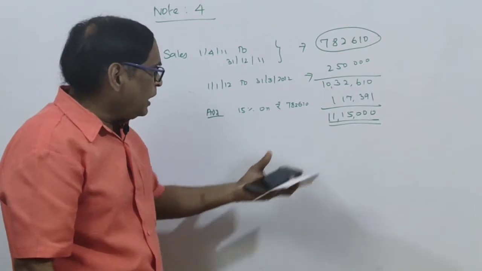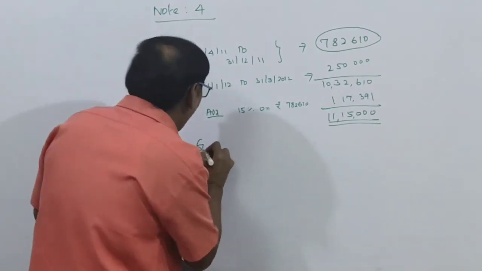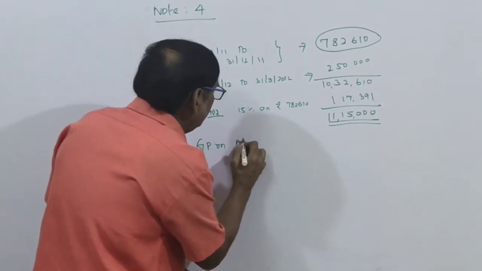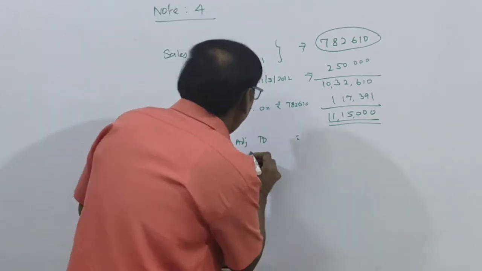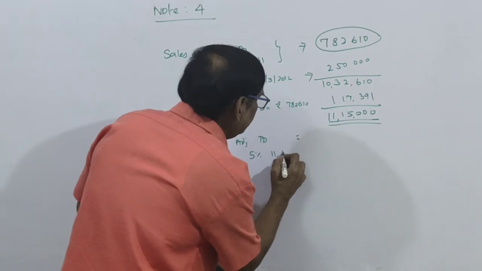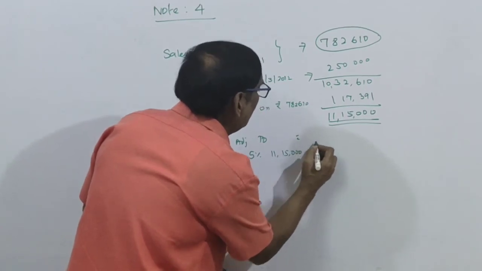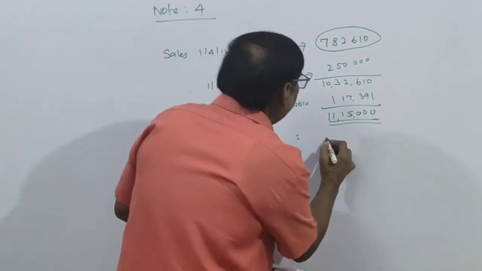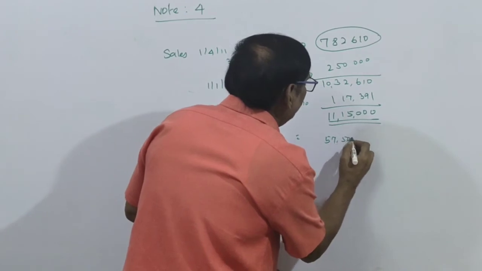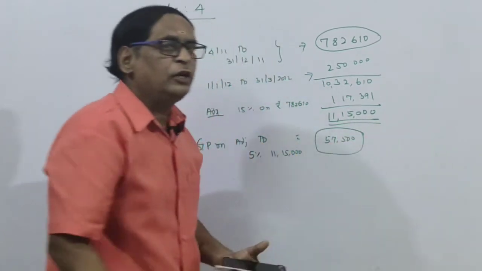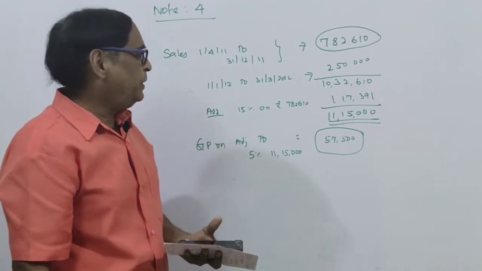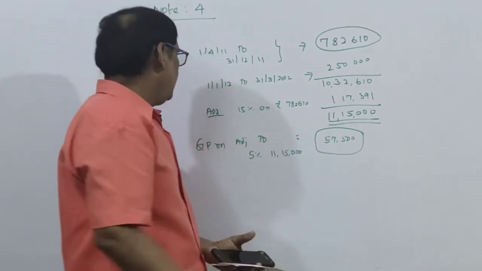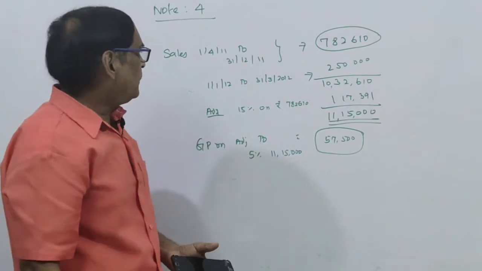Gross profit on adjusted turnover is 5% on 11,15,000. It will come around 57,500, because it is very much needed for calculating which additional expenditure will be admissible by the insurance company. So that is why we are preparing the gross profit on adjusted turnover.